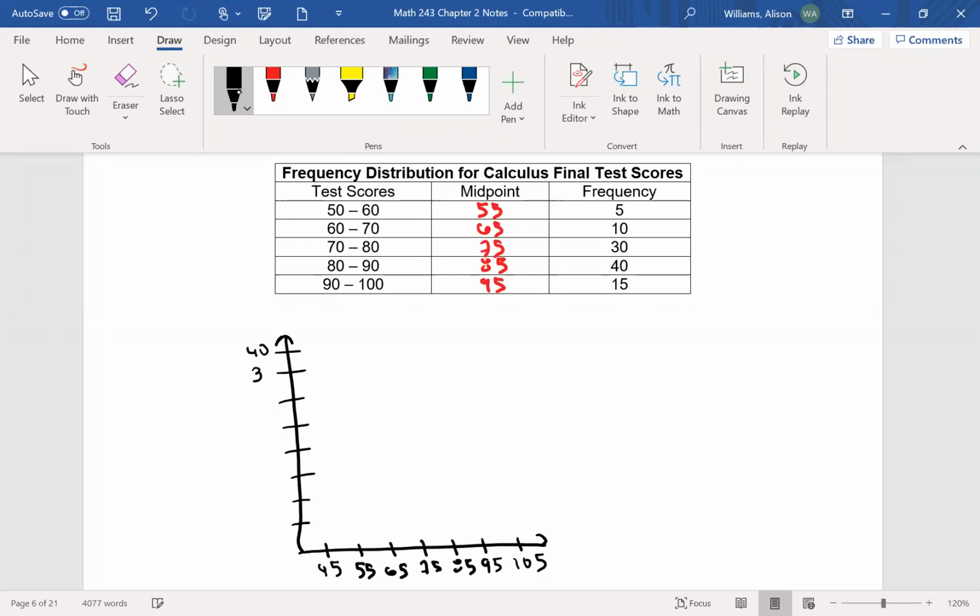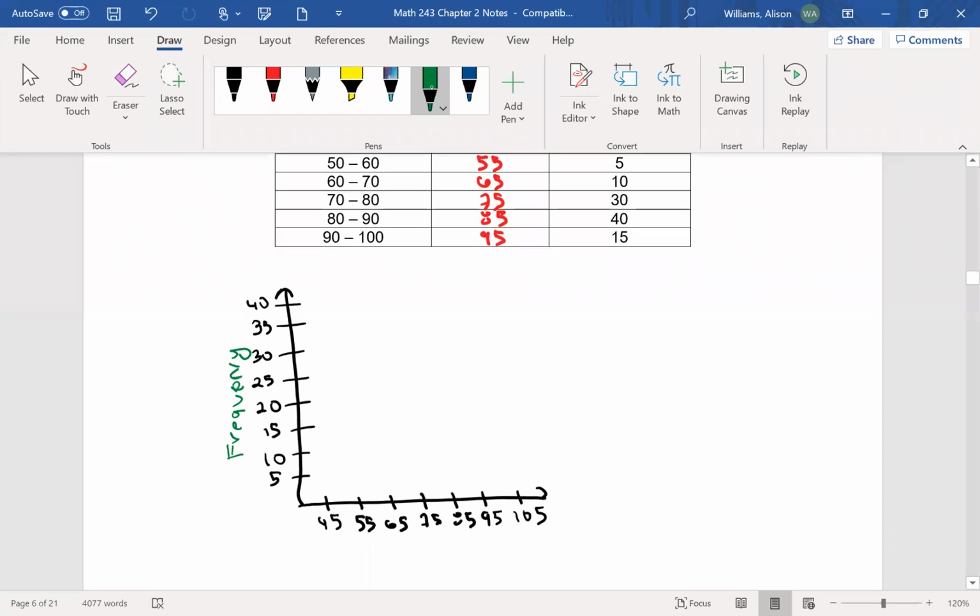All right. And as always, I'm going to label everything. Oops. I'll make sure to label my axes as well. Okay, so this will be the frequency. And even though each of these on the x-axis are technically a midpoint, it is representing a test score.